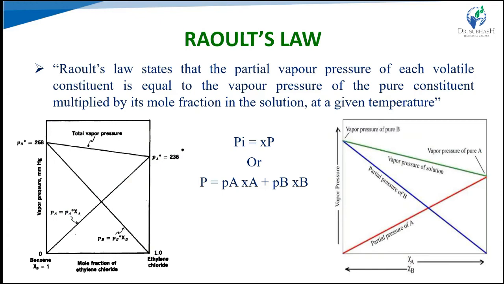So we consider that the partial vapor pressure of a liquid, suppose Pa, is equal to the vapor pressure of the pure liquid multiplied by the mole fraction of that liquid. So Pa is equal to Pa0 multiplied by Xa. Similarly, Pb is equal to Pb0 into Xb.